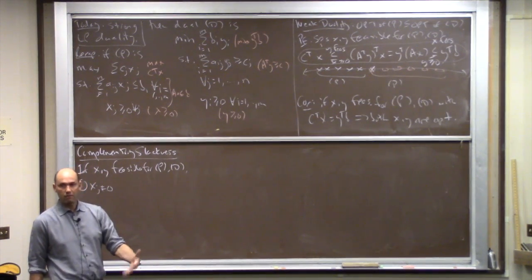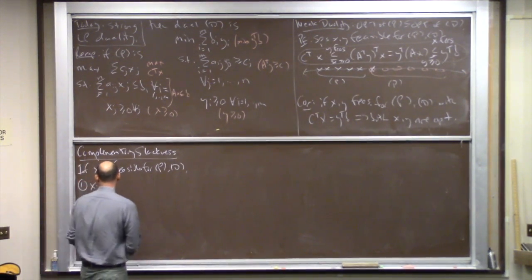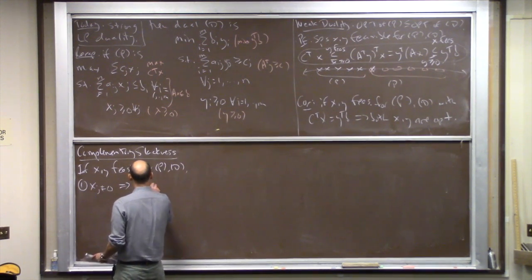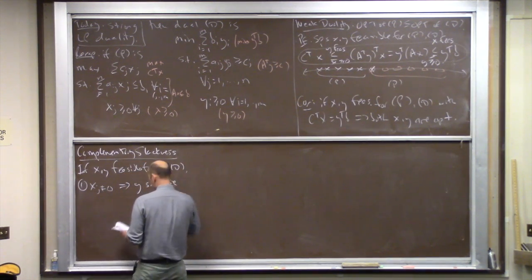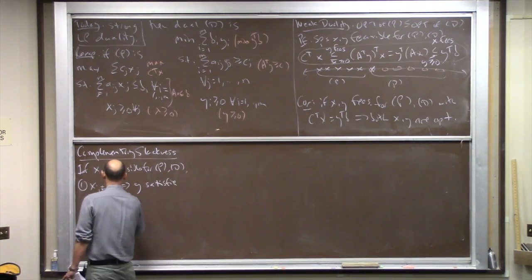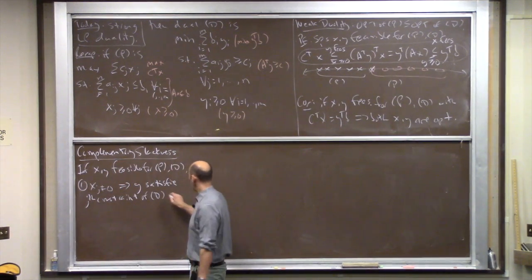Every constraint in the primal corresponds to a variable in the dual. So you can talk about saying a primal variable xj is only non-zero when the corresponding constraint, so the jth constraint of the dual, is tight, i.e. holds with equality.